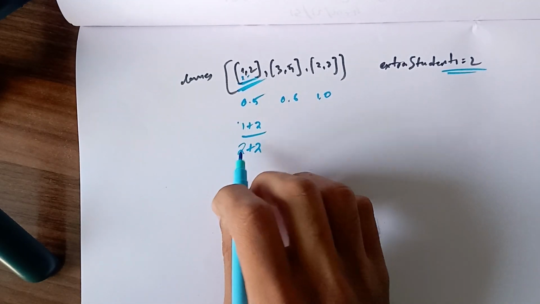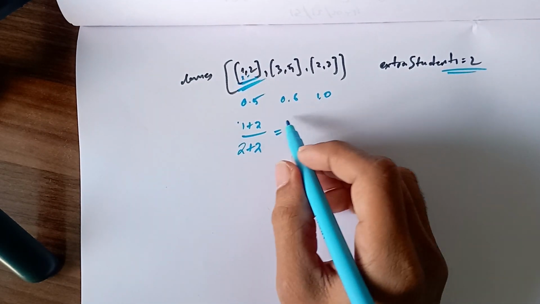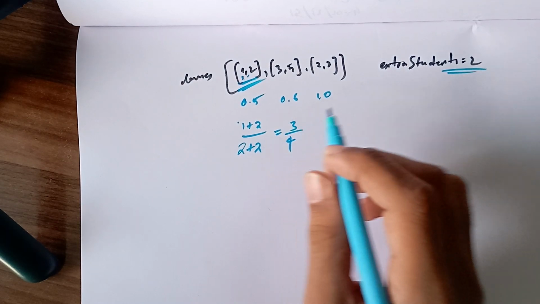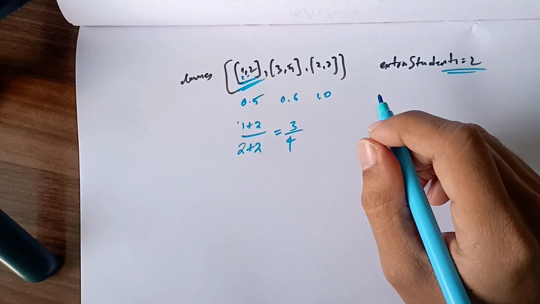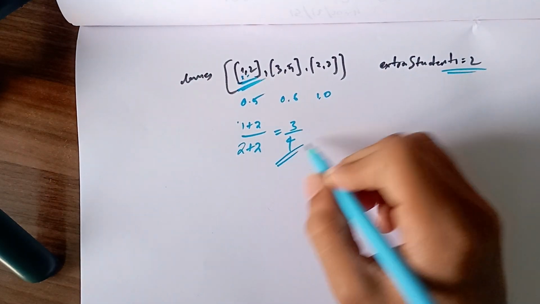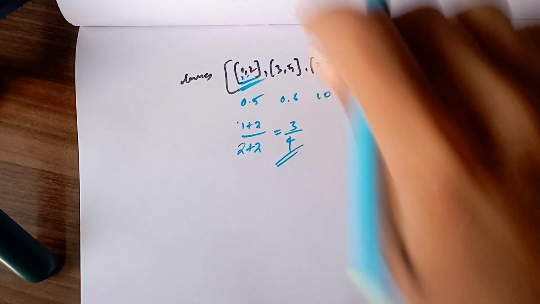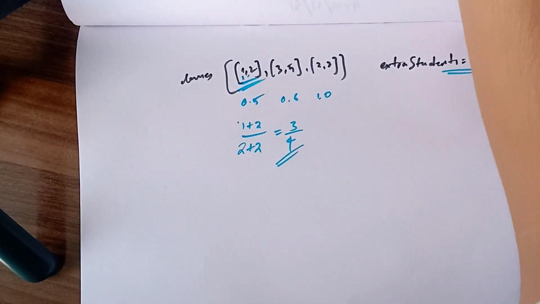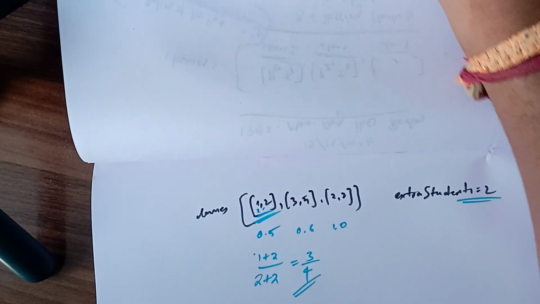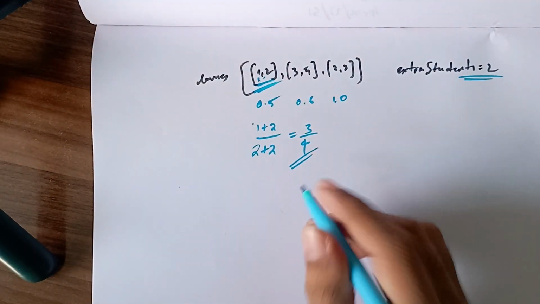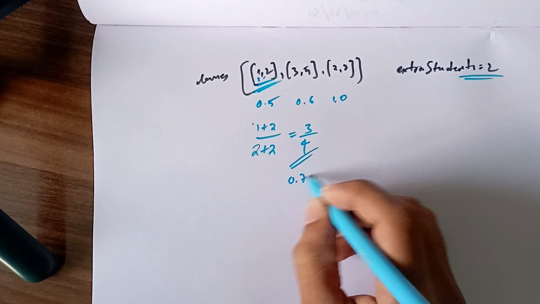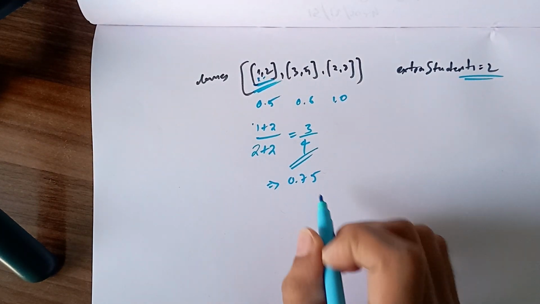So 1 plus 2 by 2 plus 2 gives us 3 by 4, which is 0.75.